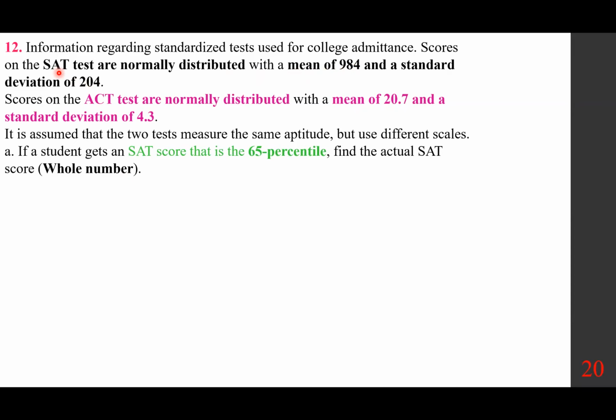So mu is 984 and sigma is 204 for SAT scores. So that's the given. For ACT scores, the mean mu is 20.7 and standard deviation sigma is 4.3. So those are given so far.